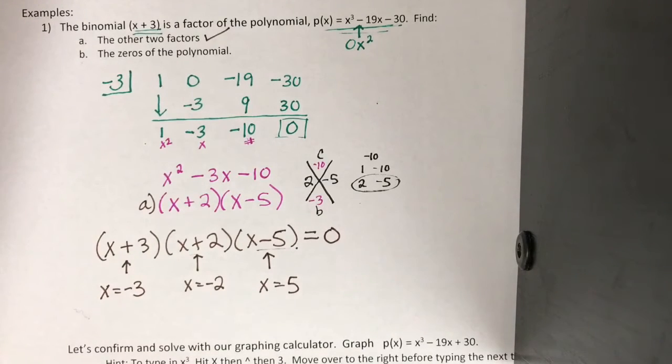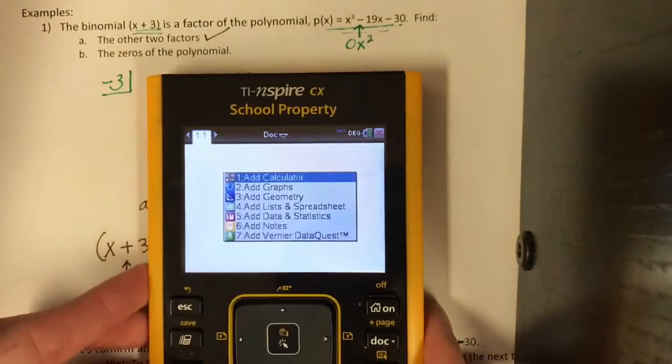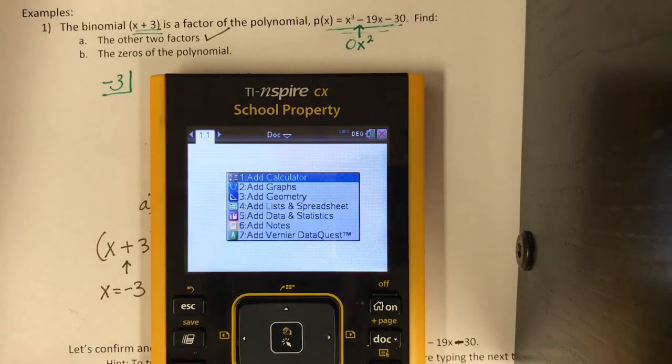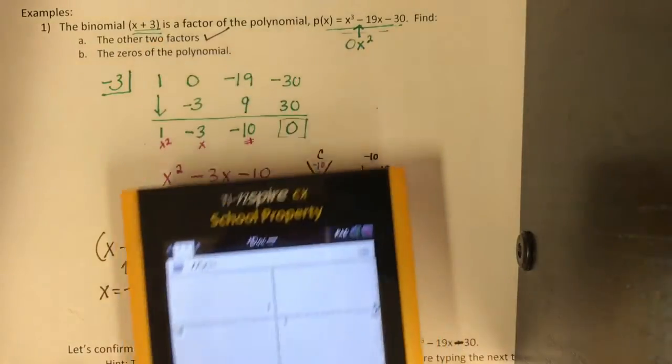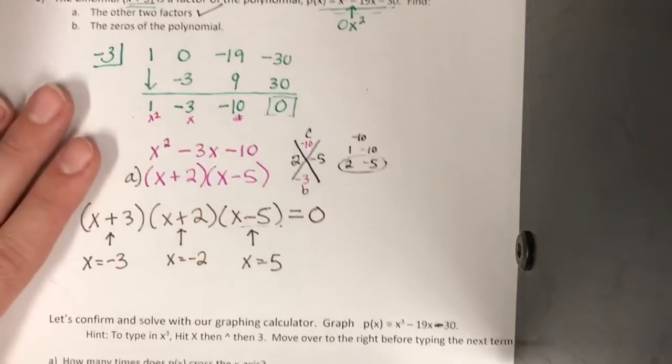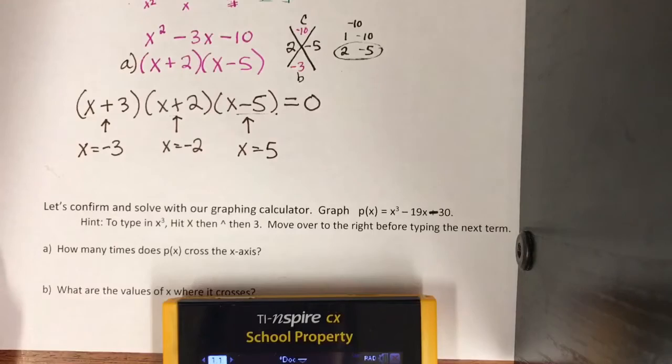So let's go ahead and actually graph that in there. So I went to a new document. I'm going to open my graphs. And now I'm just going to type in that equation because I want to actually confirm this.